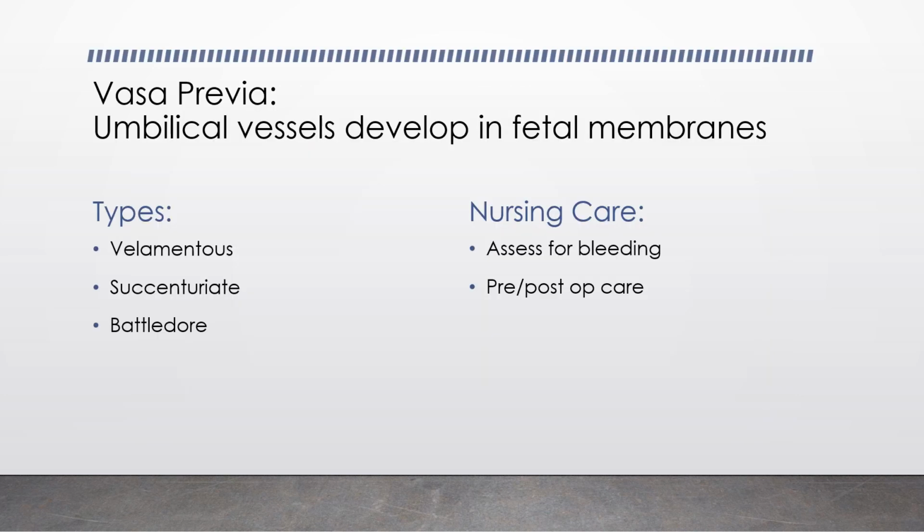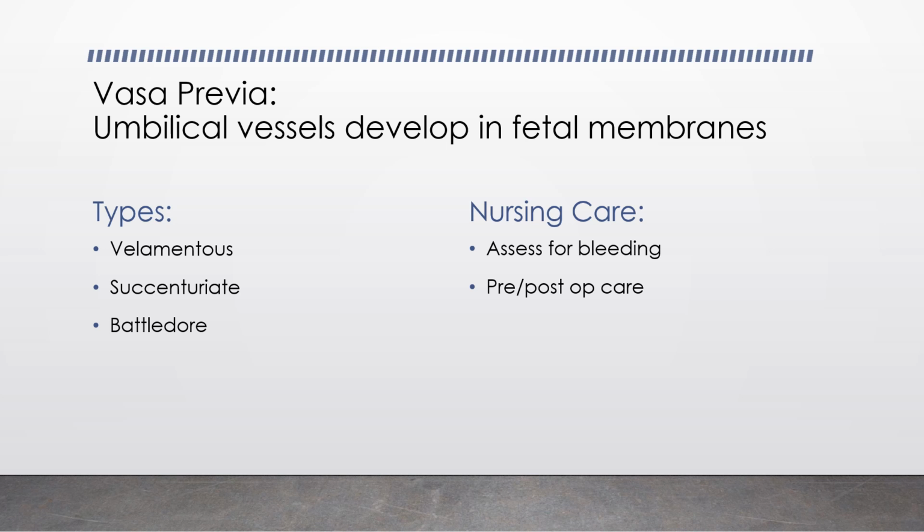The next thing that I want you to be aware of, but I won't test on, is vasa previa, and that just means that the umbilical vessels develop in the fetal membranes, and they could be over top of the cervical os. So those types of vasa previa, they're just words on the left-hand side. I'm not going to test on those.